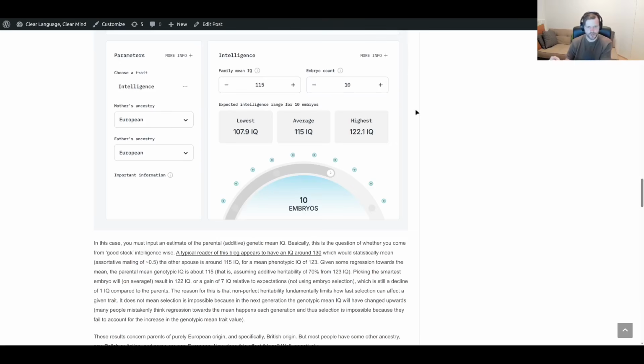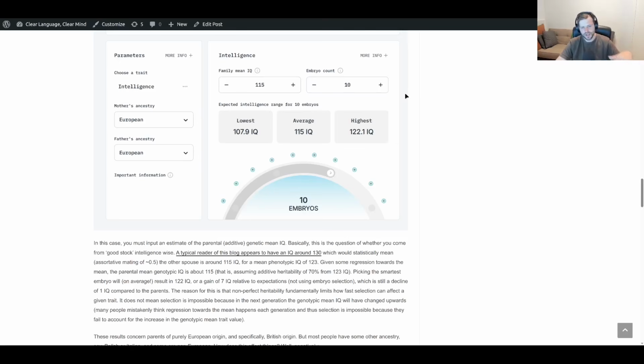It wasn't all due to genetics, or if it was due to genetics, it wasn't additive genetics. So what you want to know is the additive heritability. If we assume this is, say, 70%, most of the total heritability, this would mean that the mean parental genotypic IQ is about 115.